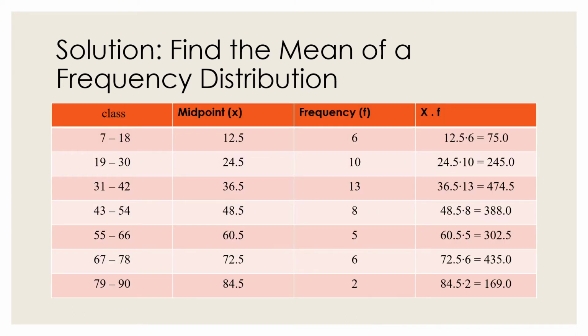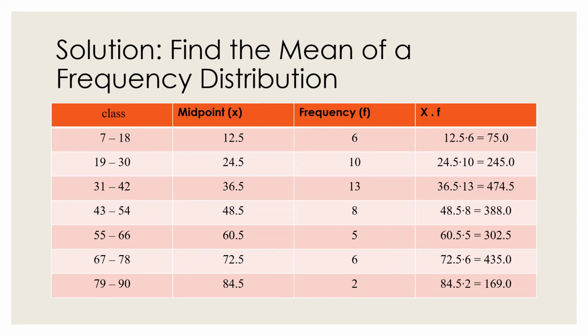Okay, so here, find the mean of the frequency distribution. From this class interval, we have the midpoints already, and then we have the frequencies. Since it is a grouped distribution, all you have to do is multiply the midpoint, which is our x, and the frequency.